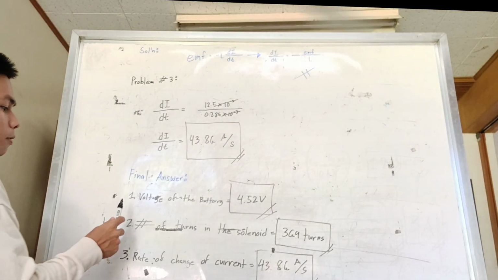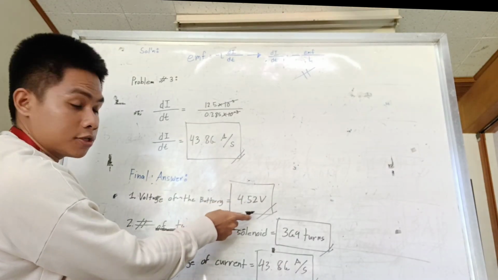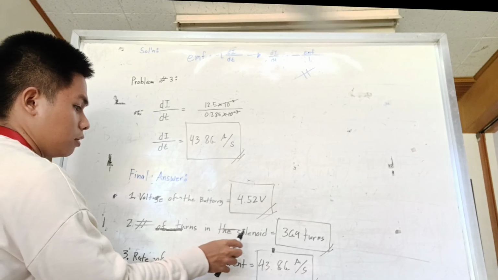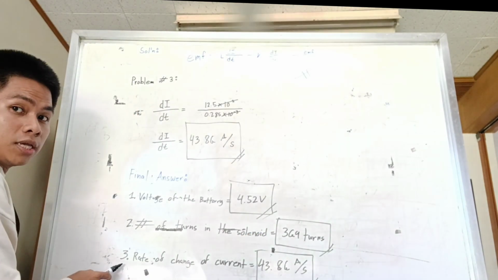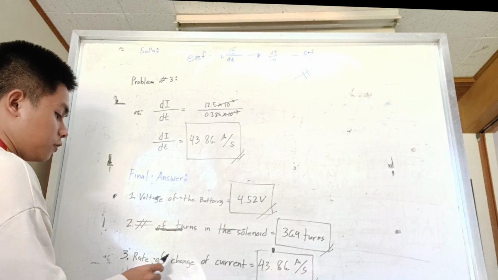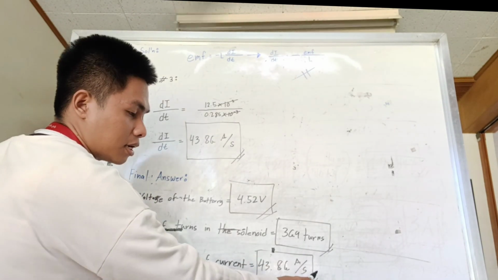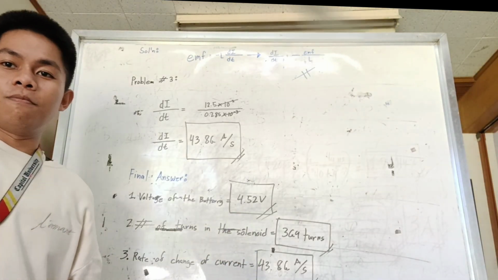The final answer for problem 1 is that the voltage of the battery is 4.52 volts, and for problem number 2, the number of turns in the solenoid is 369 turns, and for problem number 3, the rate of change of current is 43.86 amperes per second. These are the total answers of the given problems.